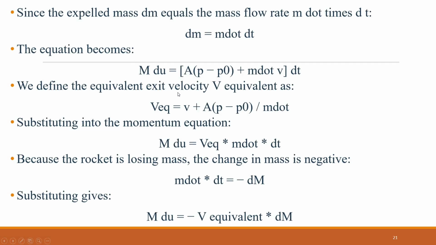Substituting into the momentum equation: mass of the rocket multiplied by change in velocity equals equivalent velocity multiplied by mass flow rate multiplied by time. Because the rocket is losing mass, the change in mass is negative. Mass flow rate multiplied by time equals negative change in rocket mass. Substituting gives: mass of the rocket multiplied by change in velocity equals negative equivalent velocity multiplied by change in rocket mass.